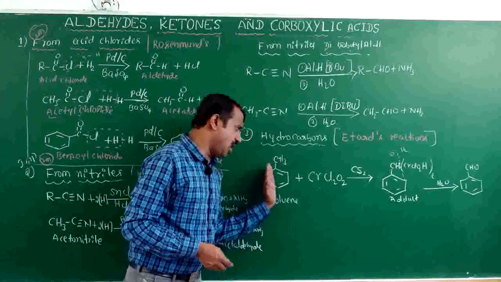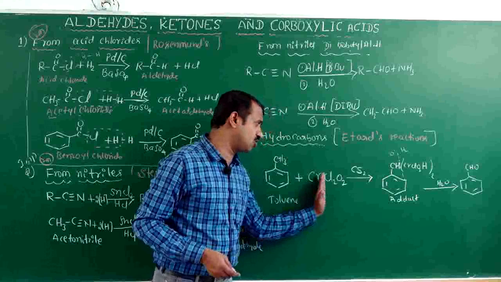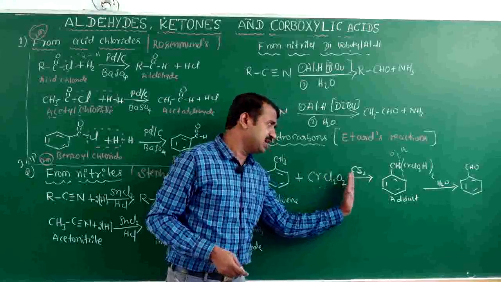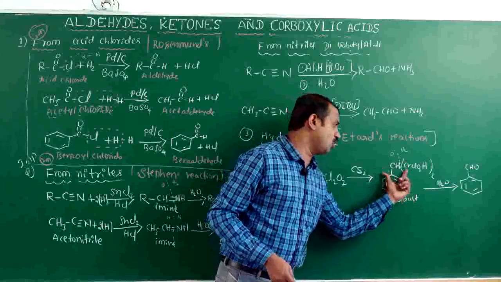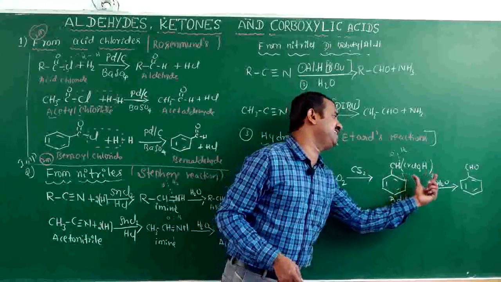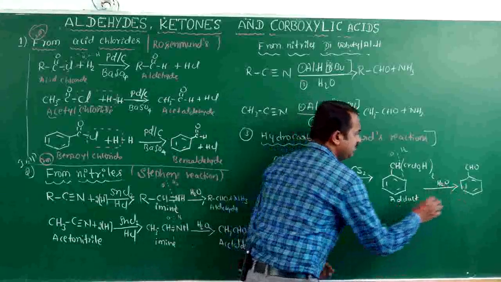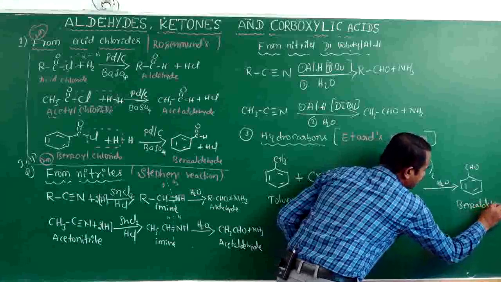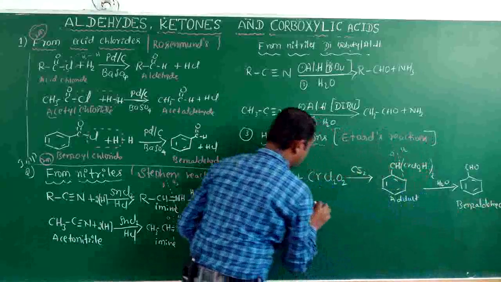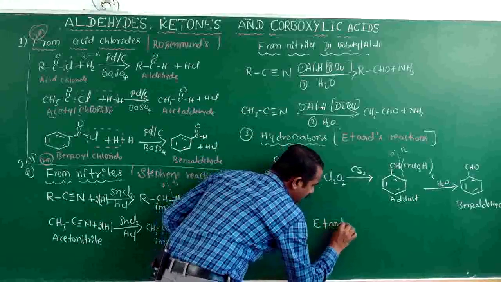When toluene or methyl benzene is oxidized with chromyl chloride in presence of carbon disulfide to form a chromium intermediate product, and the intermediate undergoes hydrolysis to form benzaldehyde, this reaction is called Etard reaction. This is very, very important.